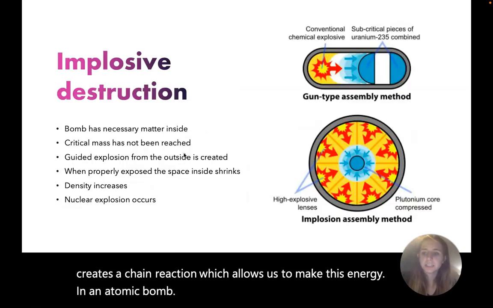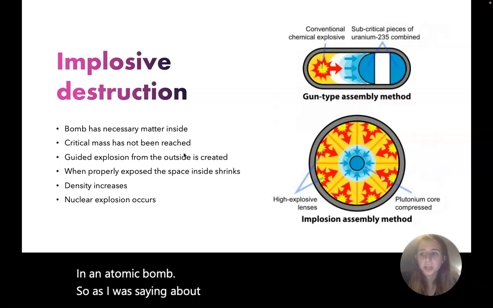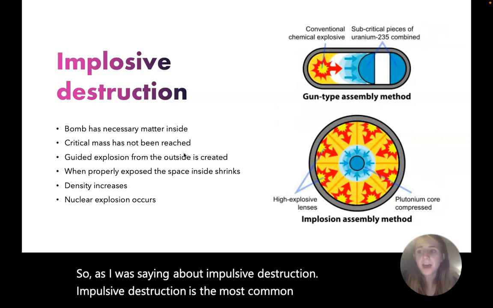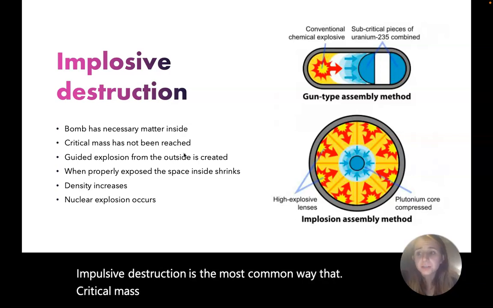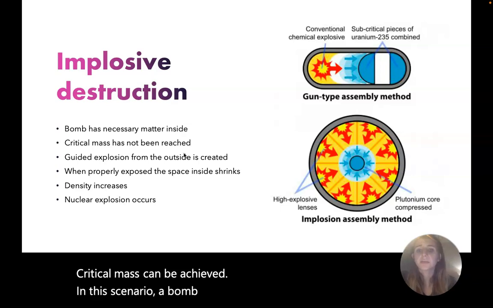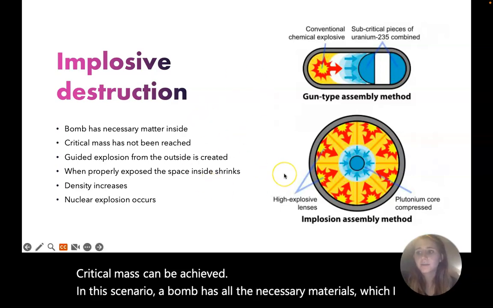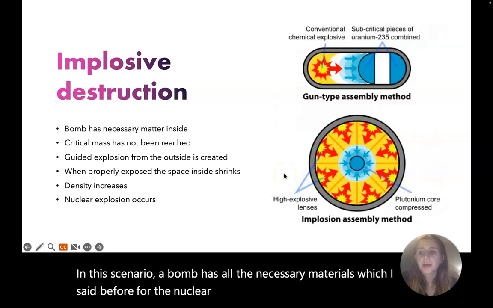So, as I was saying about implosive destruction, implosive destruction is the most common way that critical mass can be achieved. In this scenario, a bomb has all the necessary materials, which I said before, for the nuclear reaction, but the critical mass has not been reached.